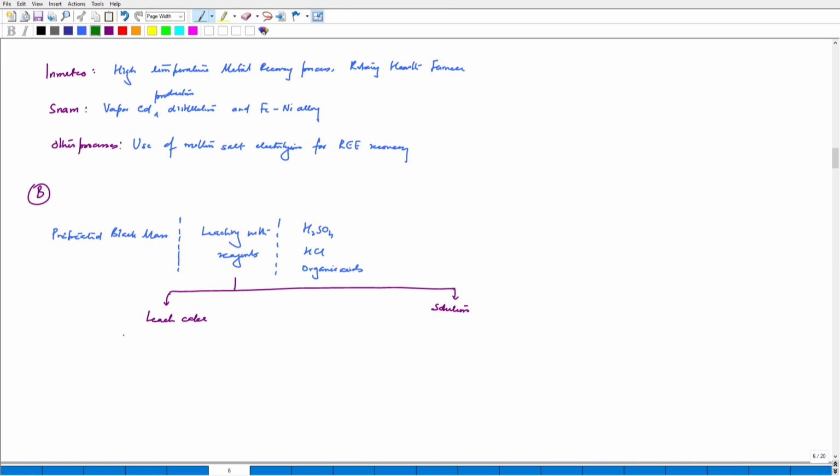So let us just write alkali treatment, filter reduction, filter residue we get, followed by again acid dissolution, we get concentration process, and this helps us in recovering precipitation of REE.